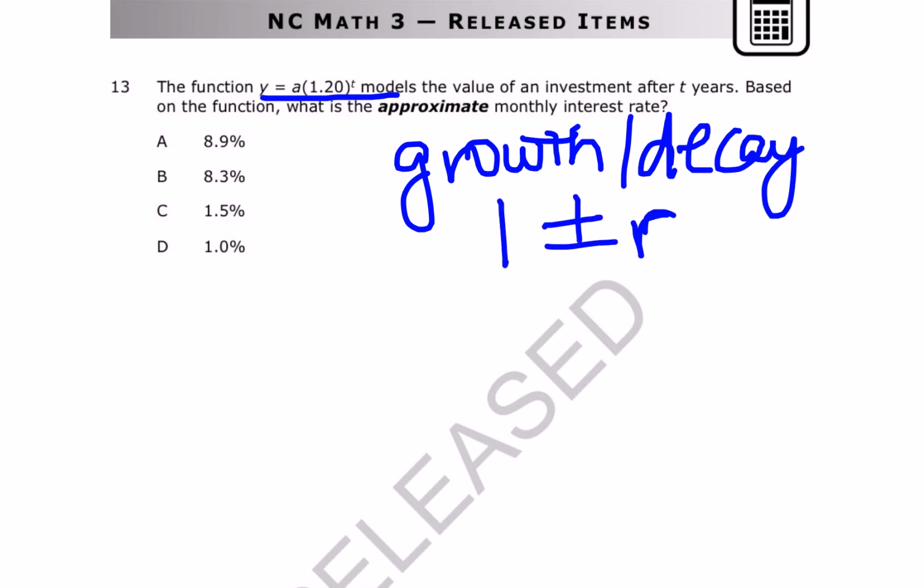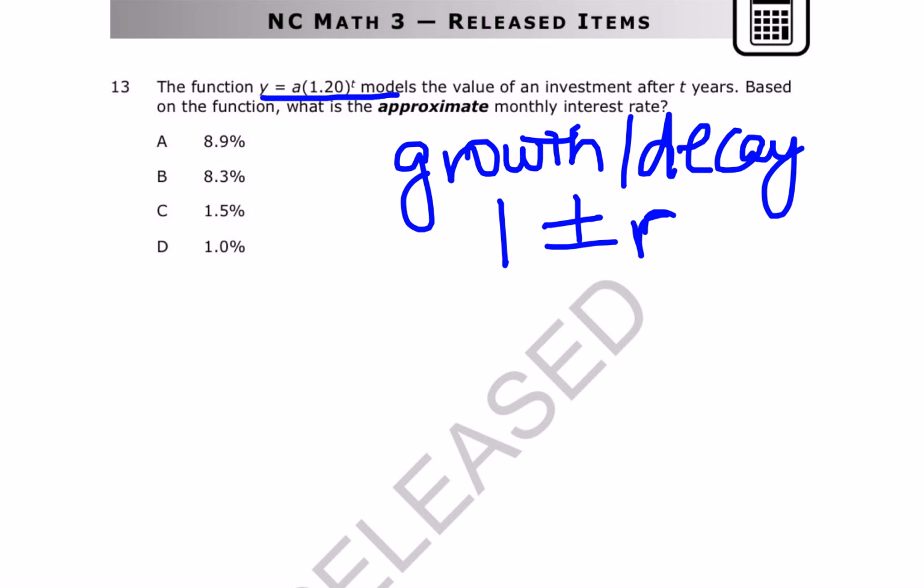So if it's more than 1, then that means we added the rate. If it's less than 1, that means we subtracted the rate. So since inside the parentheses is 1.2, that means that I had a growth, which means I added the rate. But the problem does not ask how much money.